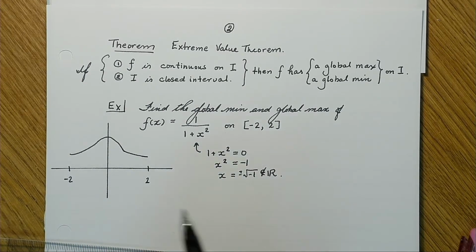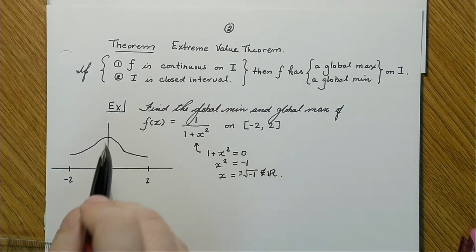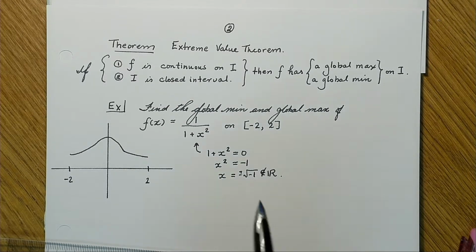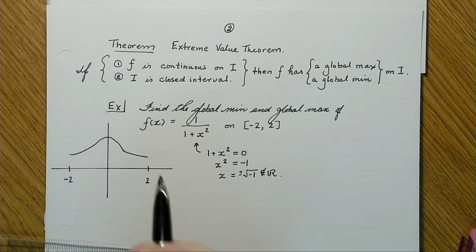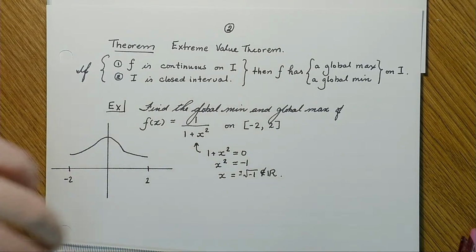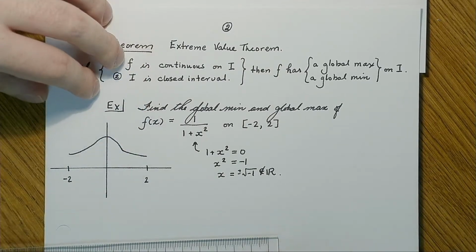The idea is, I know roughly that it's going to be at 0. That's kind of where the maximum is. So how do we find where it's the maximum? Well, what we can do is use derivatives.